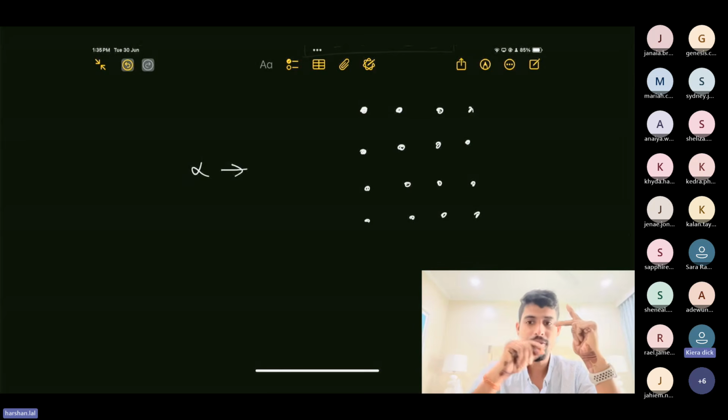So for an alpha particle moving in the field, is my middle finger in the same direction of motion of the alpha particle or in the opposite direction?